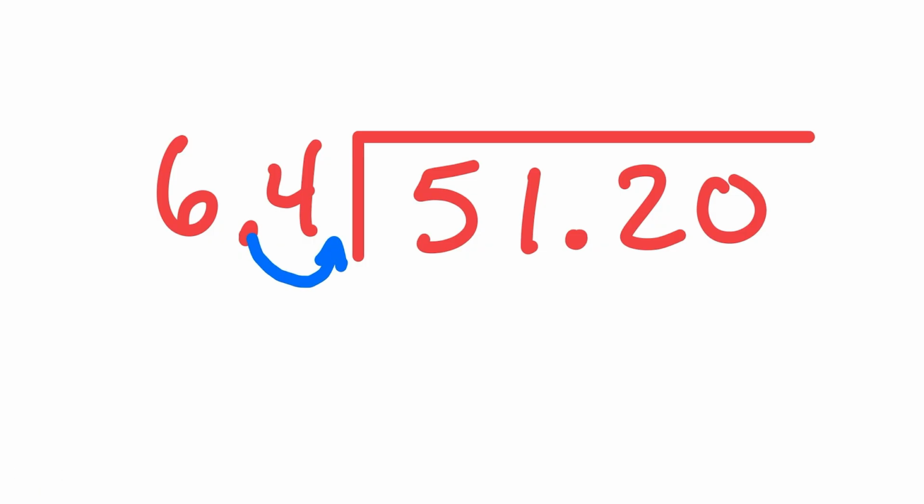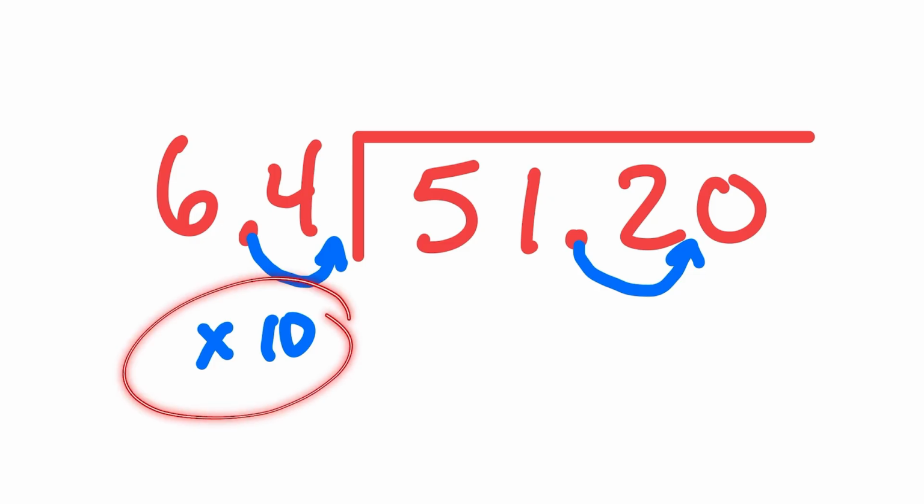And that's kind of like multiplying a number by 10. And it's kind of like when we are creating equivalent fractions, because when we create equivalent fractions, however we change the numerator, we change the denominator. This works the same exact way. However we change the outside, we have to change the inside of our division problem. So because we multiply this outside number by 10 to move it over 1 time, because there's 1 zero, we have to do the same thing here.